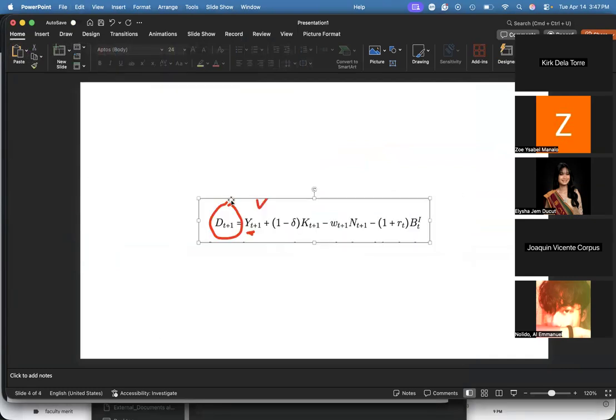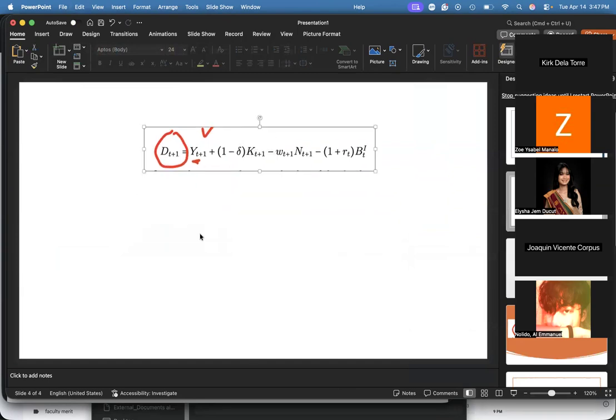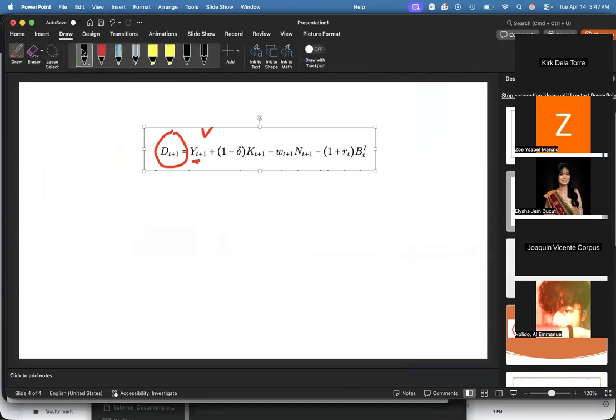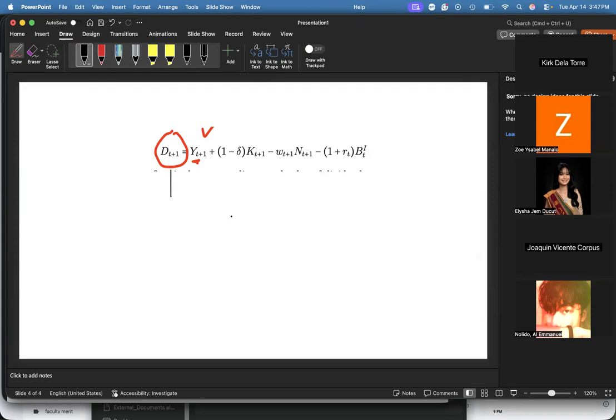Okay. So this is essentially, so i-drawing natin siya. So this is your profit. Okay. Another way to view it, the book calls it a dividend. Okay.